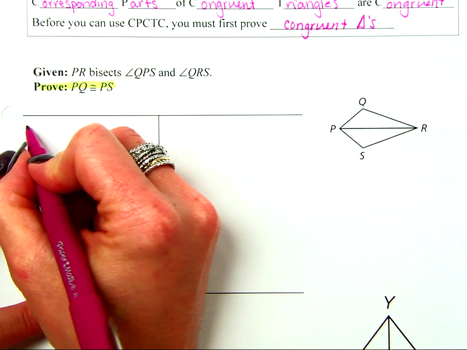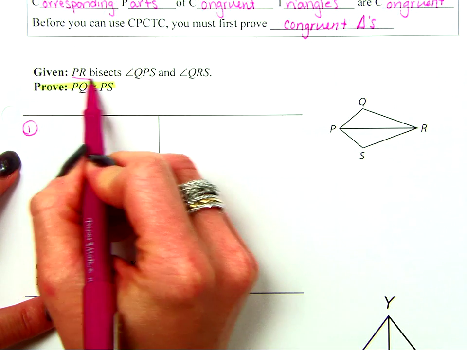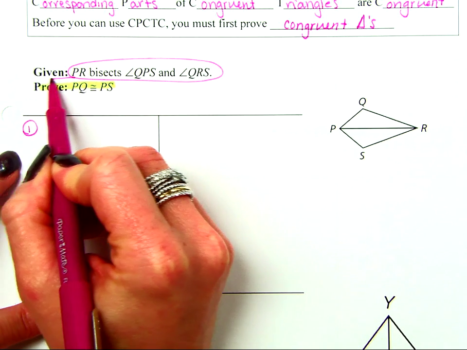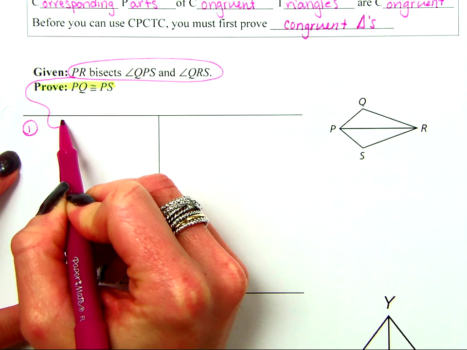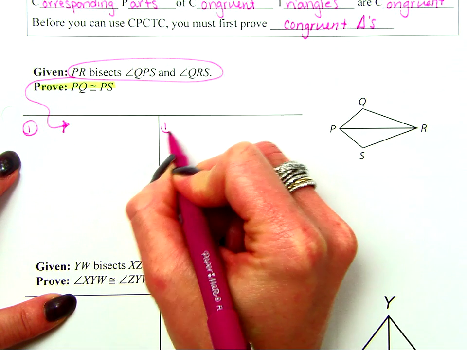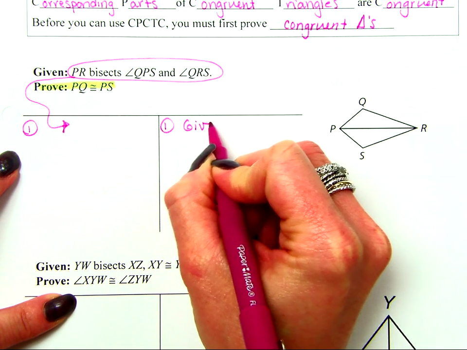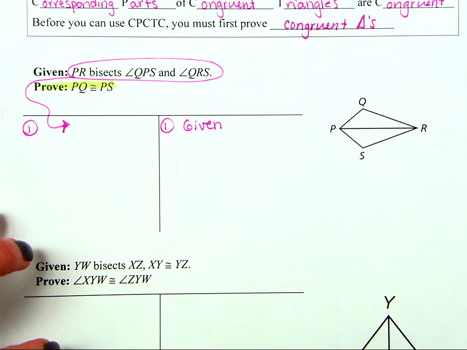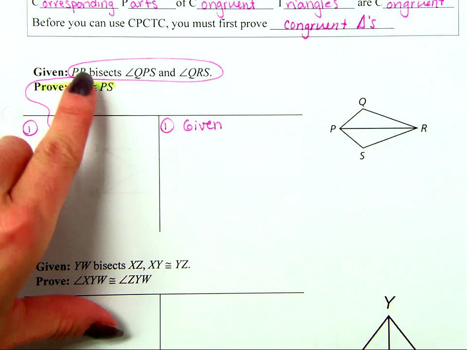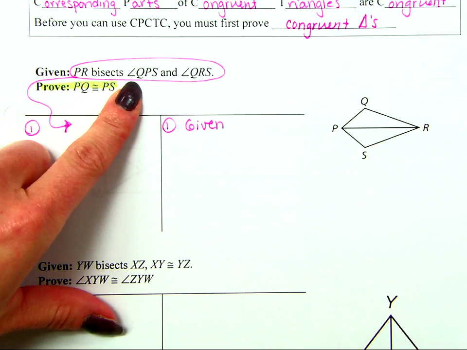And we know that we start out with our given, and we're going to take a little bit of a shortcut here, be a little bit lazy, and just say that we would copy that down on our step number 1. Now, what I want to point out to you is if PR is bisecting, this is actually an angle bisector.